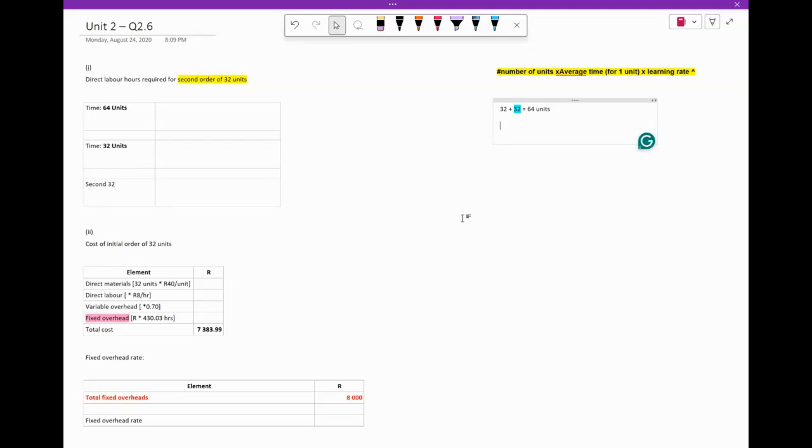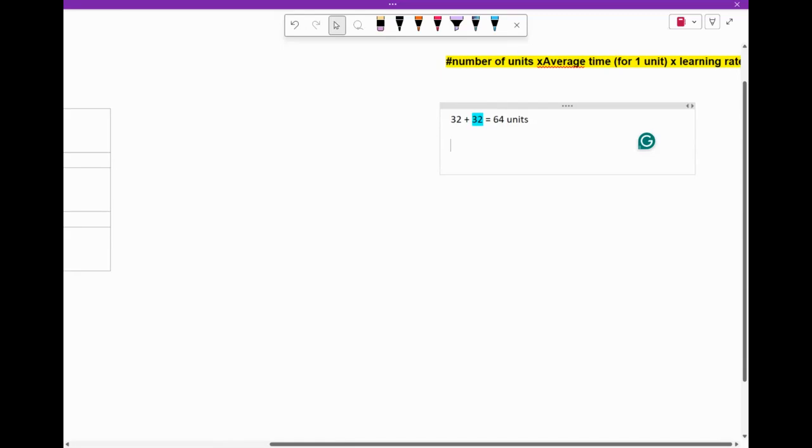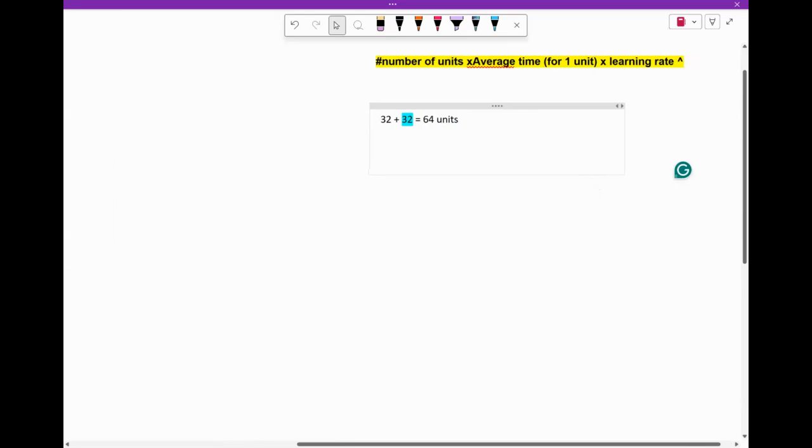First things first, they said calculate the number of direct labor hours required for the second order of 32. So in other words, how many units are we actually producing here? 32 units. Only? Is it only 32?